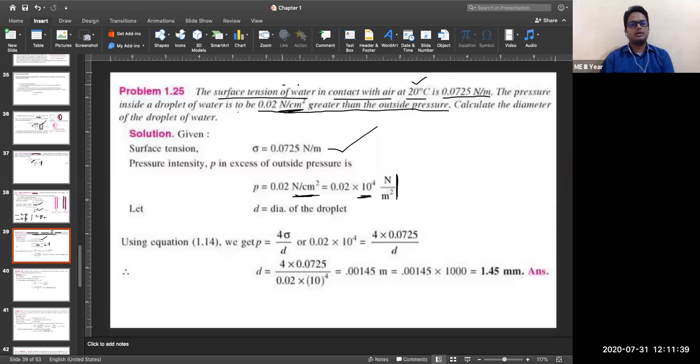Here it is water, so water is a liquid droplet. So you have to use the formula P equals 4 sigma by D. P is given, put this value. Sigma is given. So you have to calculate D. You will get the value of D in meters. If you convert it into mm, you will get 1.45 mm as the diameter of your water droplet.